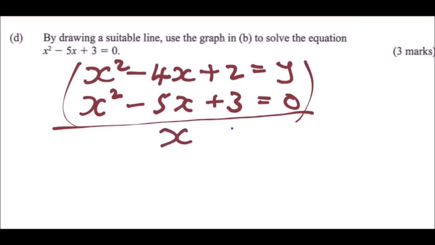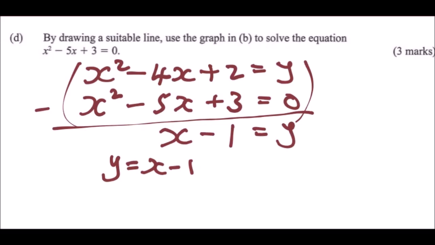Then 2 minus 3, we will be left with minus 1, is equal to y minus 0, which is y. So the difference between the two equations is y is equal to x minus 1. From there, we will need to plot this graph, which is a linear graph, and we only need a maximum of 3 points.